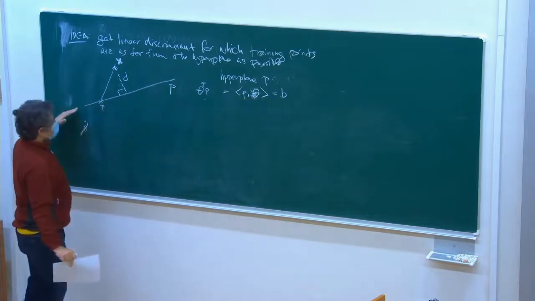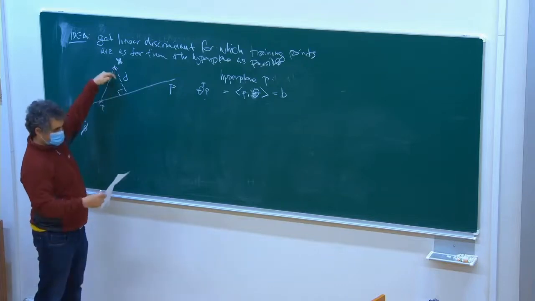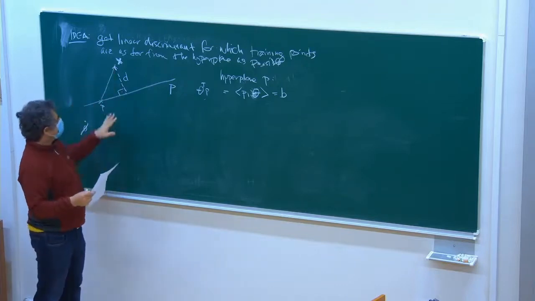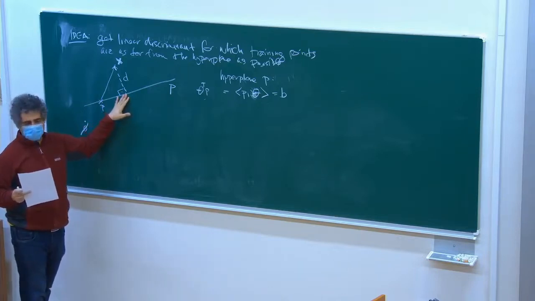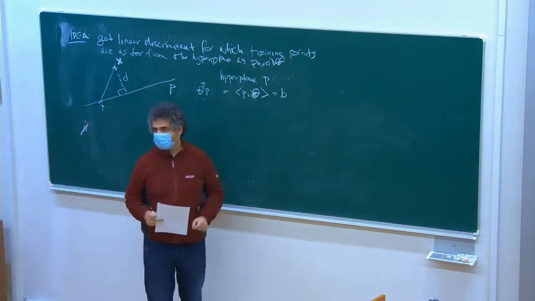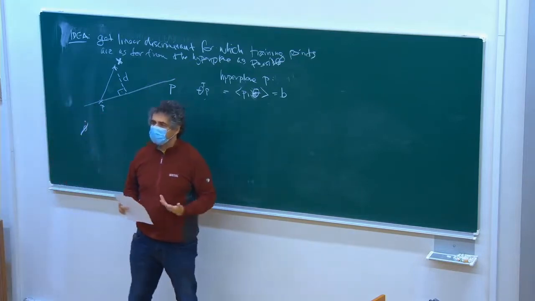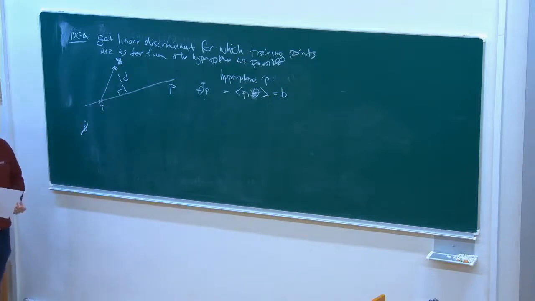So this defines all the points, and I want to drop this line and get this point here. Okay, so I wanted to ask: theta is also a vector, okay? So how would this vector be oriented towards the hyperplane?